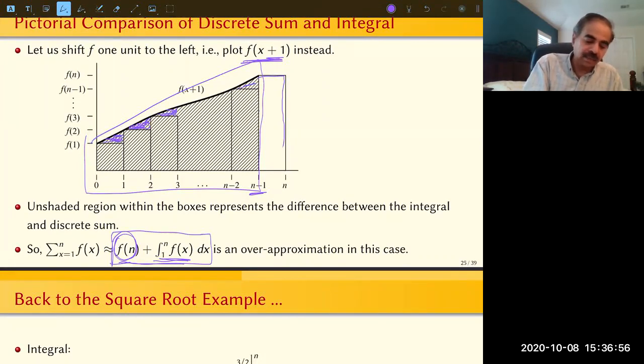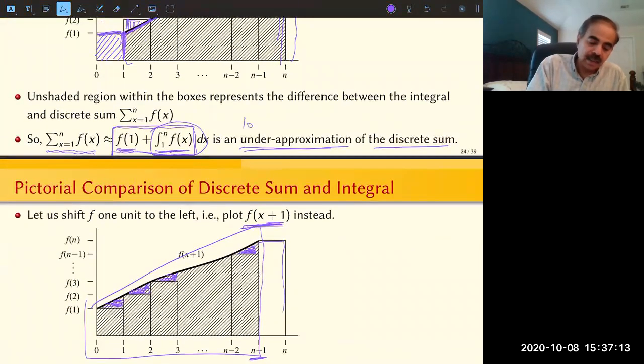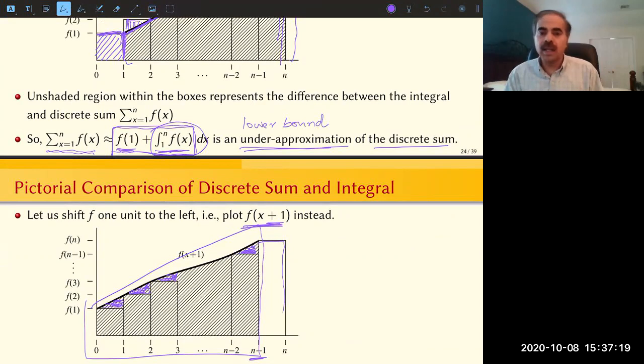So we have included all of this in this quantity. So therefore, this is going to be an over approximation or an upper bound. Right? So what we had in the last slide is an under approximation or a lower bound.